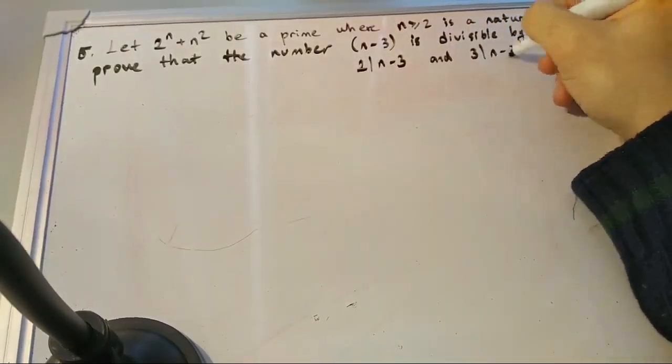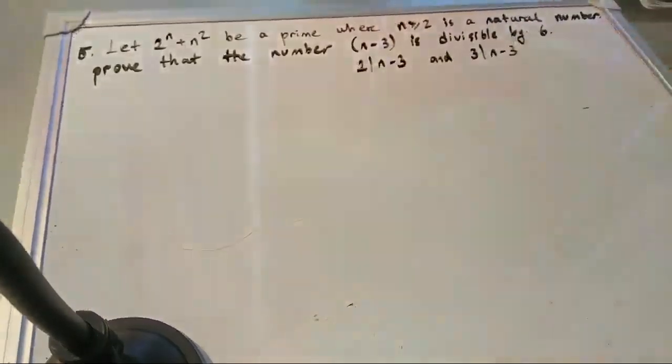The prime factorization of 6 is 2 times 3, so n minus 3 must be divisible by 2 and 3. Okay.